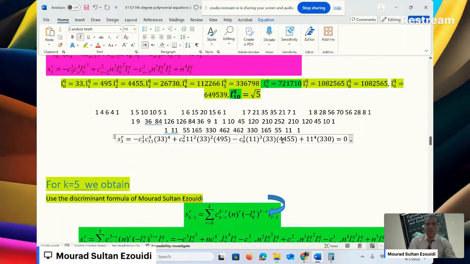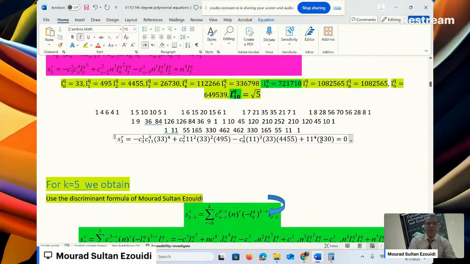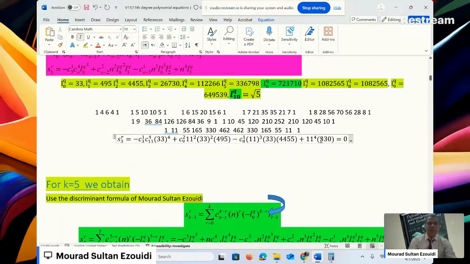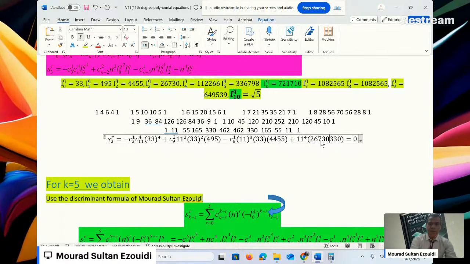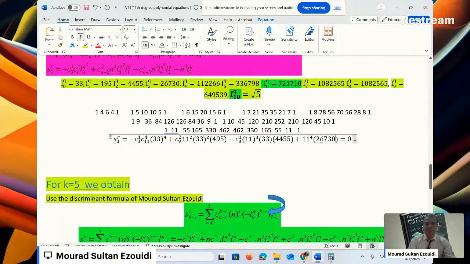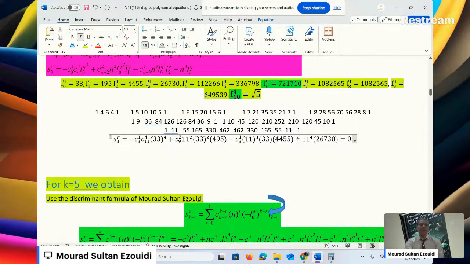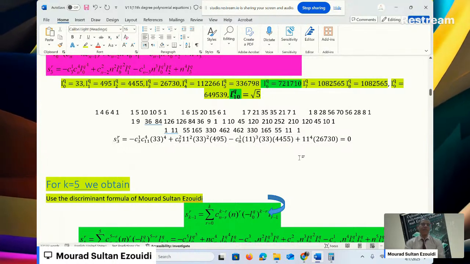Then 11 raised to the power 4 times 26,730. Use the calculator and we figure that this one is equal to 0.